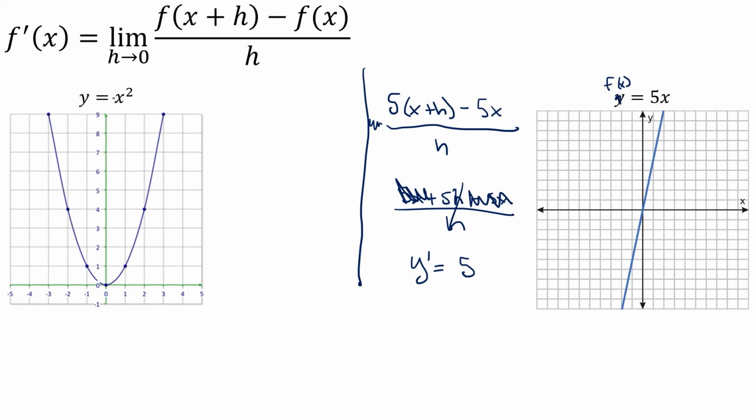We're going to replace these f of x's with this. So we're going to get x plus h squared. We got to plug that in parentheses. We're going to have to FOIL this and do all that stuff, minus f of x, which is x squared, all over h. So we need to FOIL this.